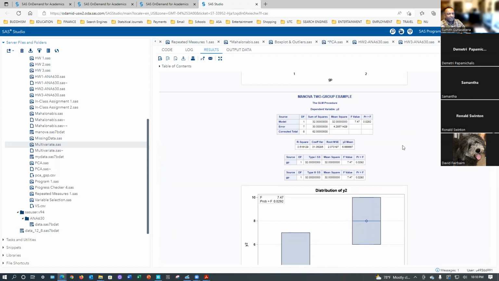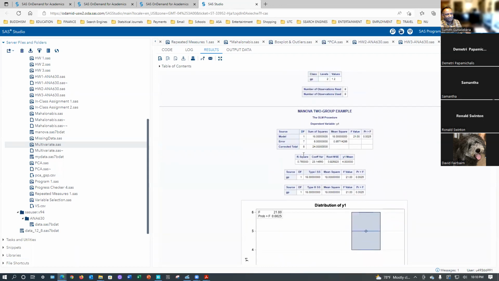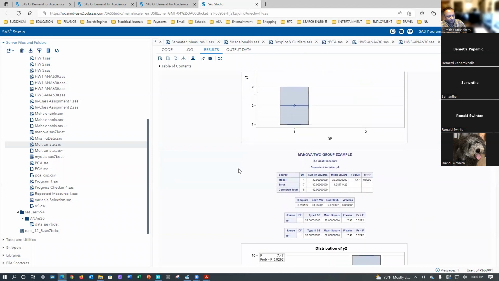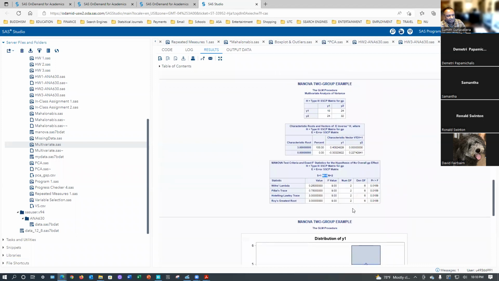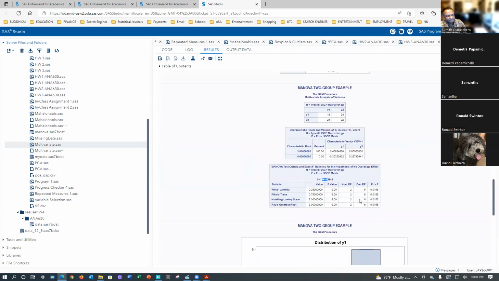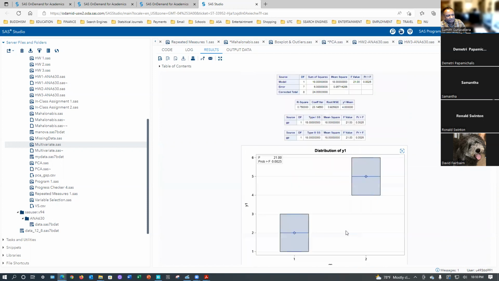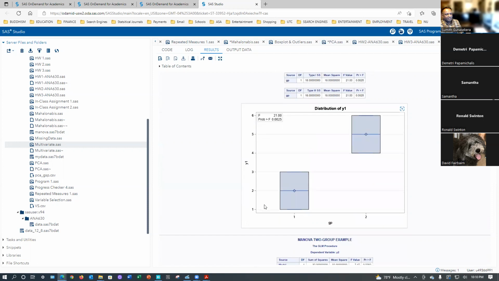Y variable, you have 2 groups. In this group Y1, in the other group Y2. Y1 you can compare, and Y2 you can compare and contrast. That's what they are doing over here. This is the Y1 ANOVA table. This is the Y2 ANOVA table. This is the overall MANOVA table. ANOVA univariate for Y2, univariate for Y1.